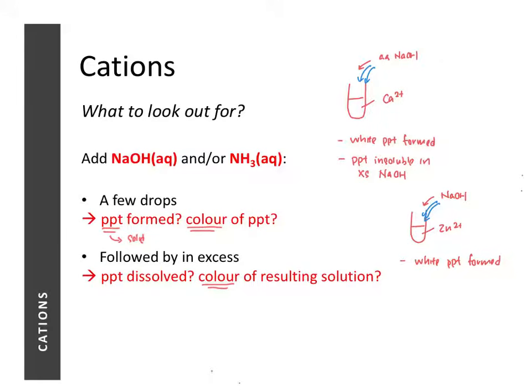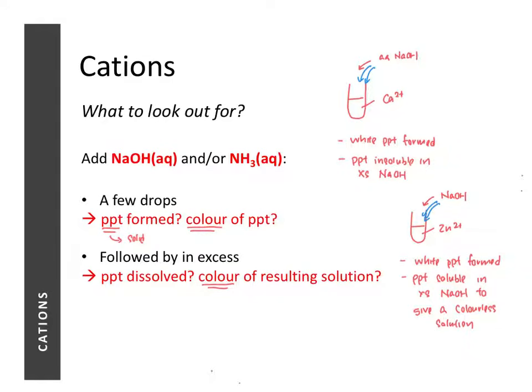It dissolves in excess sodium hydroxide, and the resulting solution is a colorless solution. So this is the outcome: PPT soluble in excess sodium hydroxide to produce a colorless solution. This is the outcome that I will get if I'm adding sodium hydroxide to a solution containing zinc ions.